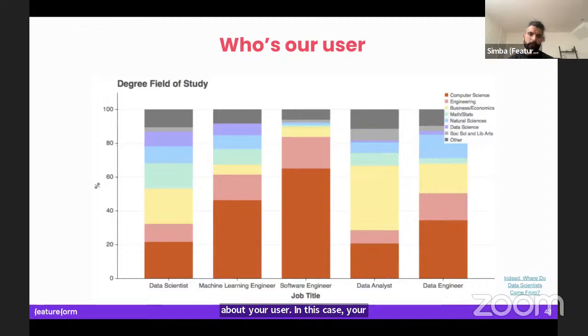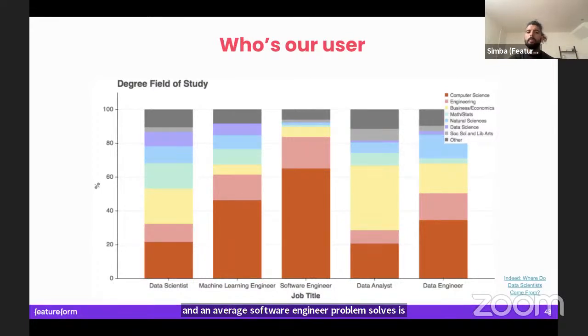As you can see from this, data scientists and ML engineers typically have very different backgrounds. That means the way an average data scientist and an average software engineer problem solve is going to be different.